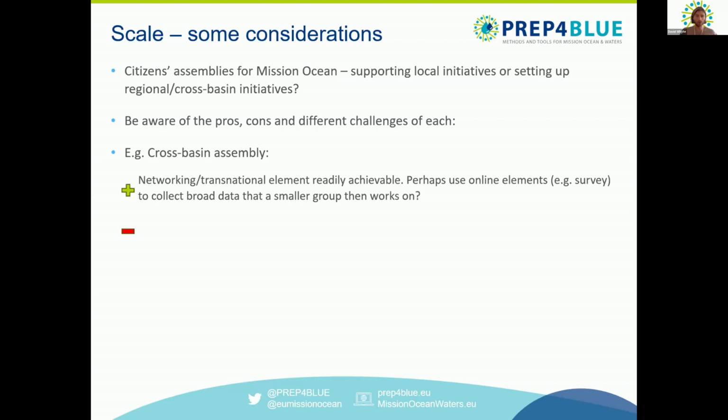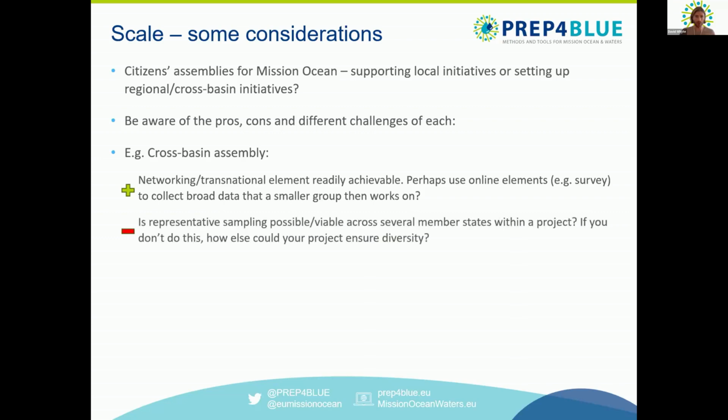Now, one of the difficulties of doing that is how you are going to guarantee the diversity of participants. I noticed there was a question about whether we can describe representative sampling a bit deeper. In the Watercare example, that was done very well.